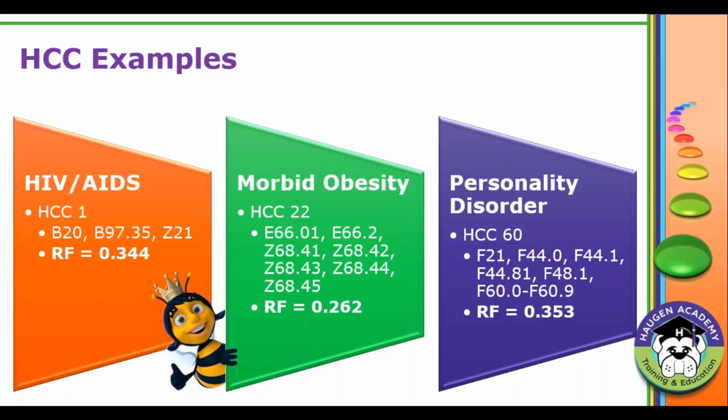And the last example we have here is HCC 60, for personality disorder. That has quite a few codes that fall into it as well, and a relative weight of 0.353. There's a complete list of all ICD-10 codes, similar to what Christy just showed, on the CMS website. And like she said, the link is at the end of this presentation.